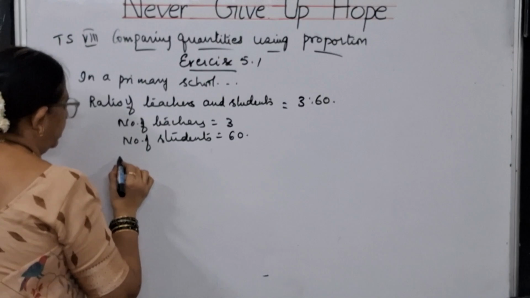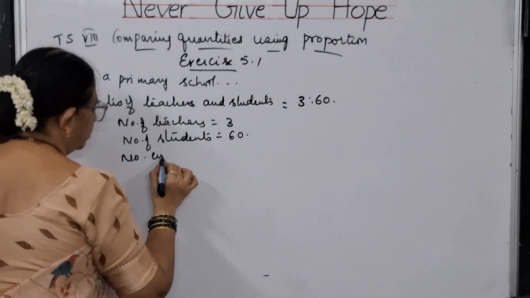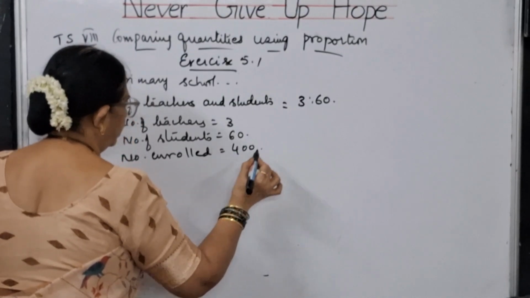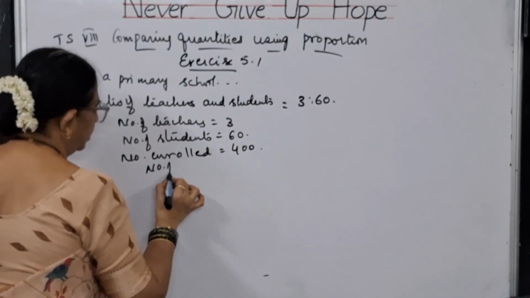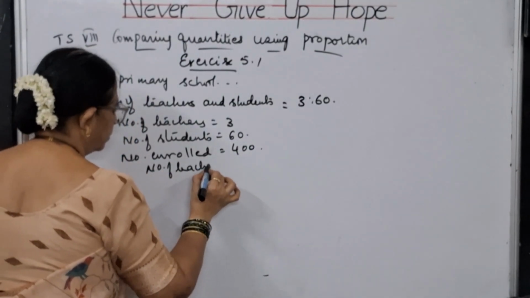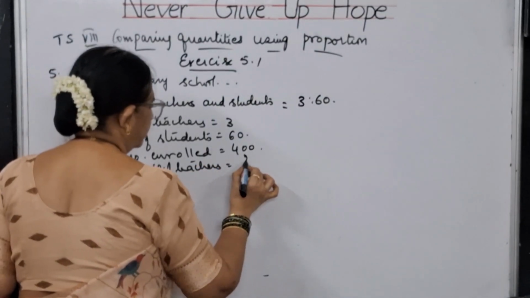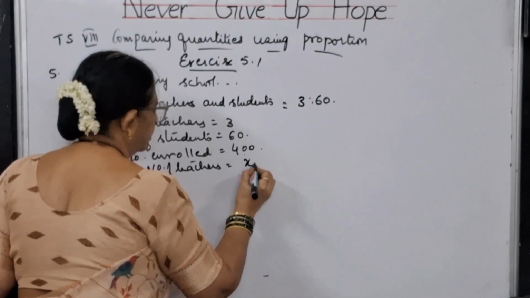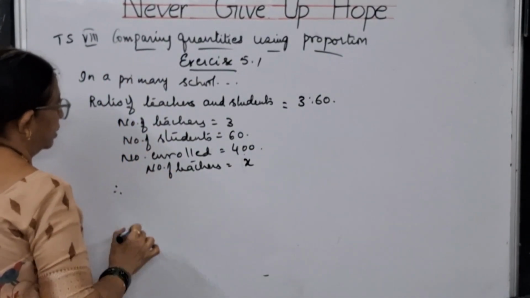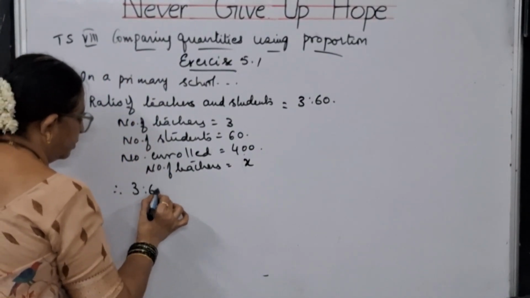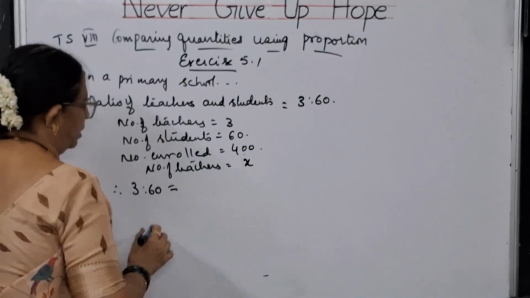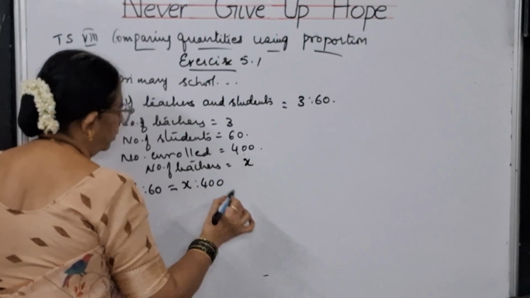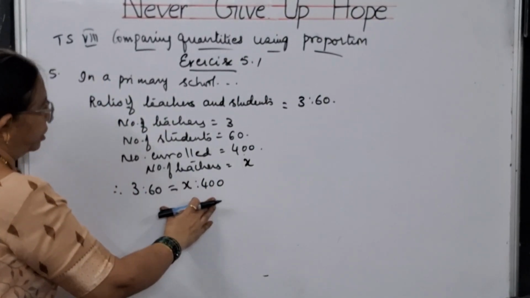Now, the number enrolled: how many students got enrolled? 400. So the number of teachers, how many? This is the question. So we will consider it as x. That means 3 teachers is to 60 is equal to x teachers is to 400. This is the ratio that you can take.